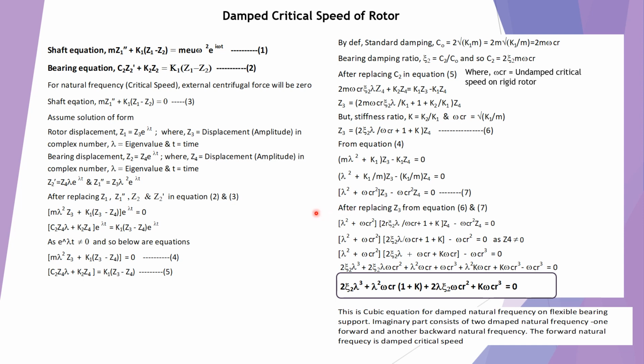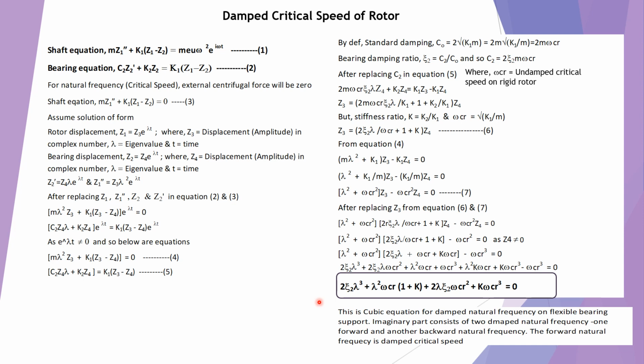After replacing Z3 from equations 6 and 7 and simplifying, we get 2 ζ2 λ³ + λ² ω_CR (1 + K) + 2 λ ζ2 ω_CR² + K ω_CR³ = 0.